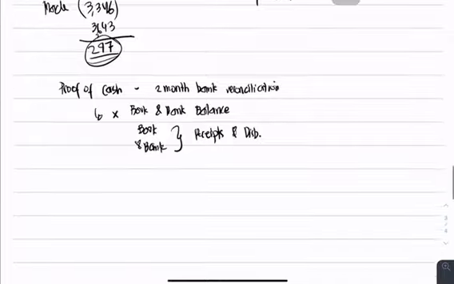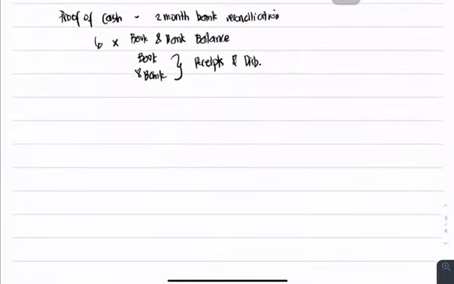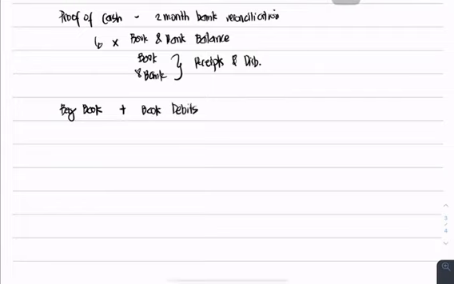So a while back, I already presented to you how to compute for the beginning unadjusted book balance and the ending unadjusted book balance, including the beginning unadjusted bank balance and the ending unadjusted bank balance. So let's just have a quick recap as to the formula of your book and bank. We have here your beginning book balance plus book debits less book credits. This will give you your ending book.